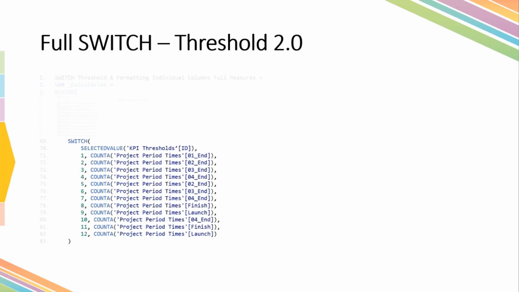Now I had to make a change to this as well. I call this now threshold 2.0. I don't just divide by the total number of rows in the table, but I have to divide by the total number of rows in the column that I'm already filtering for. As I mentioned earlier, in this project, the table was moving. It was growing or decreasing, and projects were coming to fulfillment while I was working on them.